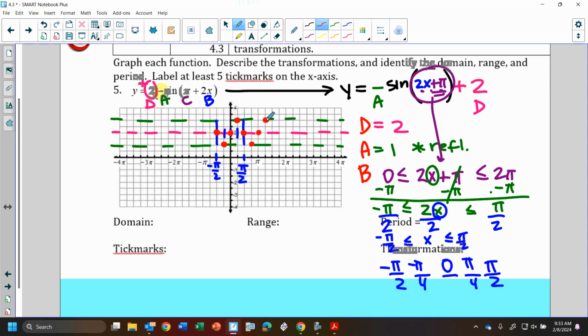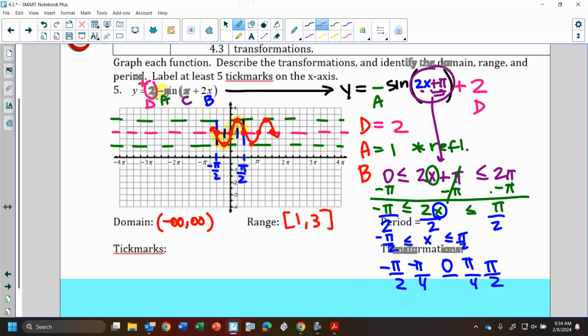I noticed walking around that a few people forgot the reflection. Maybe double check, make sure you got the reflection in there. It should go down first. I highlight this part, down first. Good question, no it does not. Okay. Here's that.